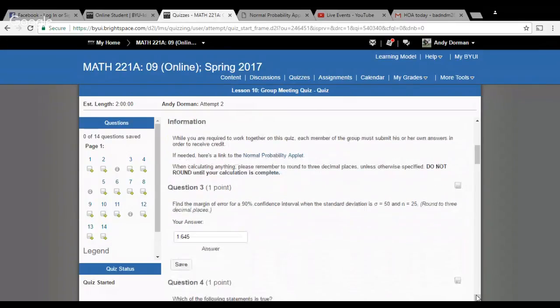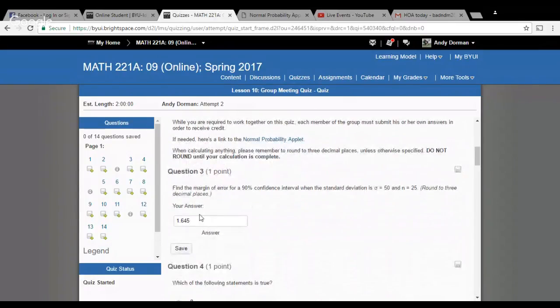What should be the margin of error? Standard deviation is 10. Let's double check that.